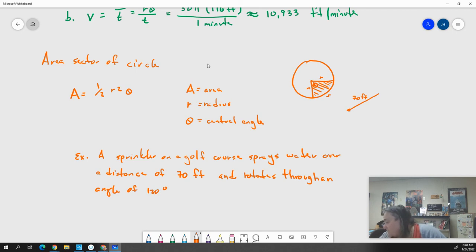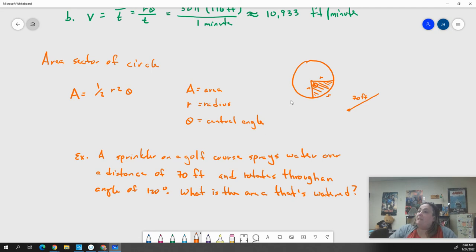Find the area of the fairway watered by the sprinkler. What is the area that's watered?